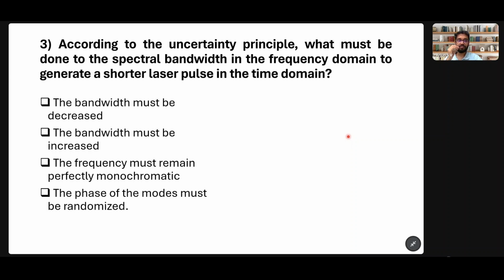We all know that for mode locking to happen, you need a lot of harmonics of the pulses to be synchronized. So that would involve a larger bandwidth. So the answer would be bandwidth must be increased.